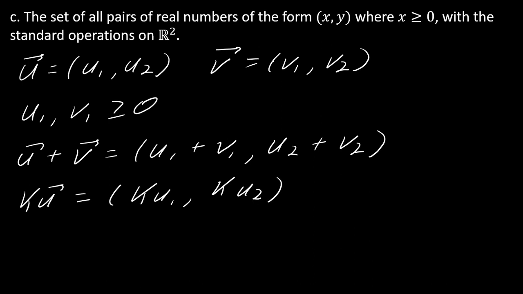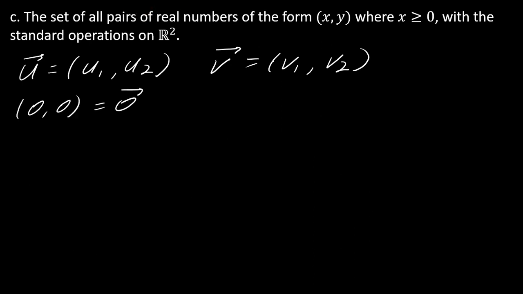But where we are going to run into an issue is, so we do have the 0 vector. So 0, 0 is going to be the 0 vector. Actually, let me clear some space. So I know what my 0 vector is in this case. If I add 0, 0 to either one of these, I will get back to these two vectors.